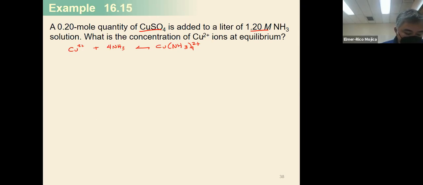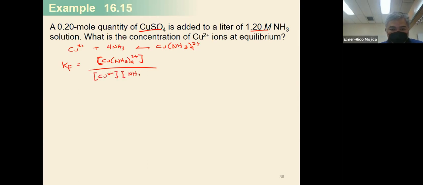Okay. So if you're going to look at the Kf here, what's the Kf expression? So you will have the copper ammonia complex equal to copper 2+ times NH3 to the 4th.